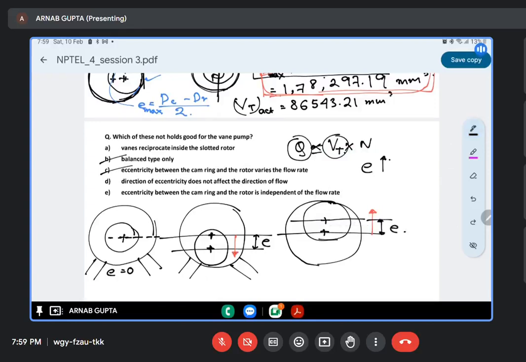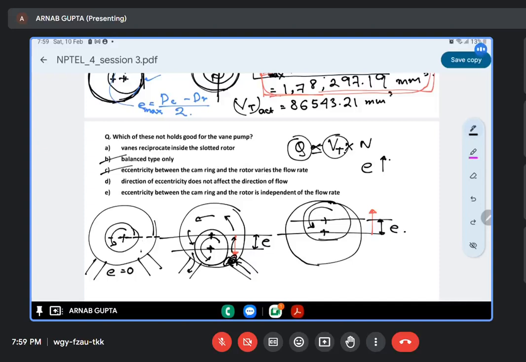So you can understand that now we are rotating the rotor in this direction. What happens? This is the position where the suction will be taking place. Then it will flow like this, and it will get discharged.